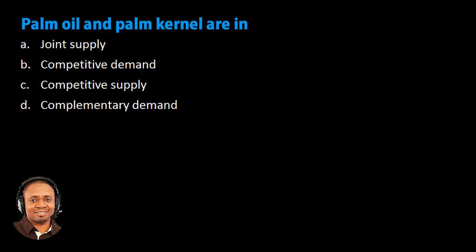I am Kemi, and this is question 10, Economics WASSCE Exam 2018. And the question goes thus: palm oil and palm kernel are in the first option, joint supply. Joint supply is an economic term referring to a product or a process that yields two or more outputs.